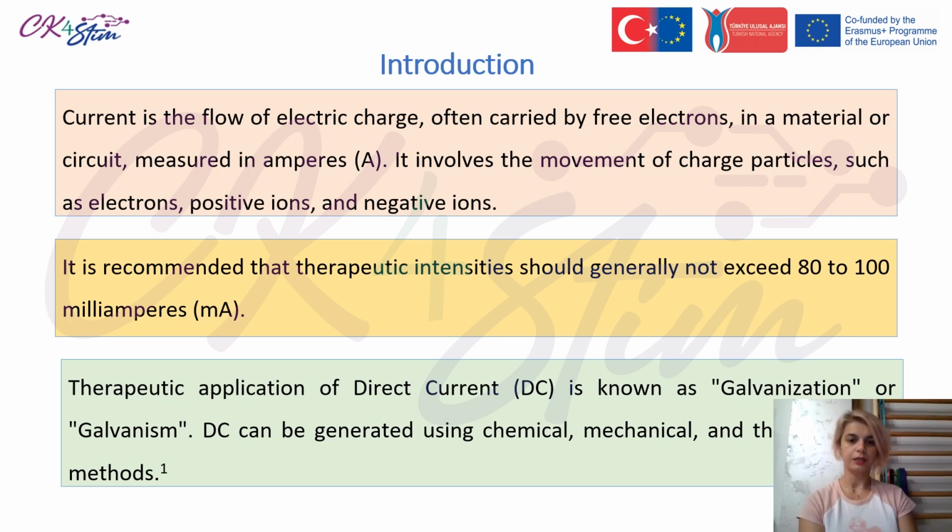For therapeutic purposes, it's advisable not to surpass an intensity of 80 to 100 milliamperes. The application of direct current for therapy is termed galvanization or galvanism. Generating direct current can be achieved via chemical, mechanical, and thermoelectrical approaches.